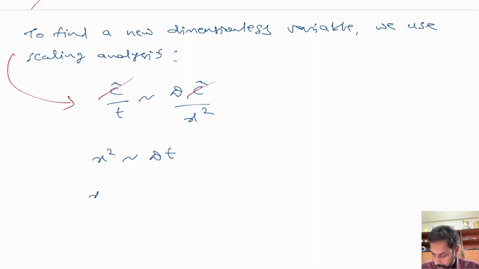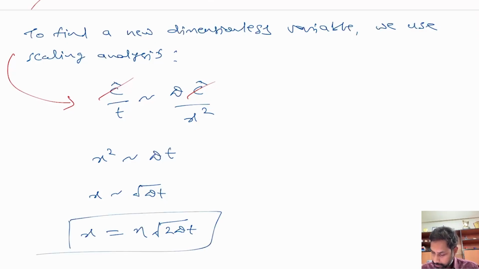So let's first also convert this into dt. So x is equivalent to square root of dt. So here what we do, we add a parameter called eta, and also a factor of 2, which we'll discuss why.